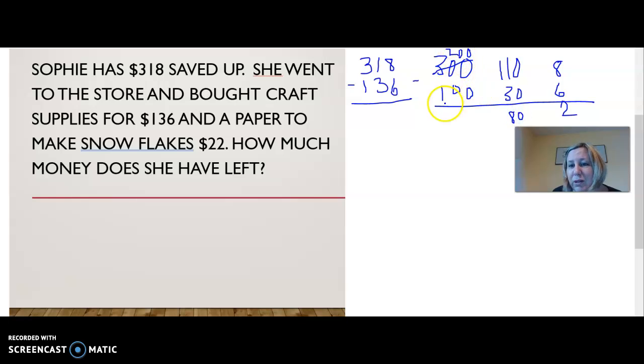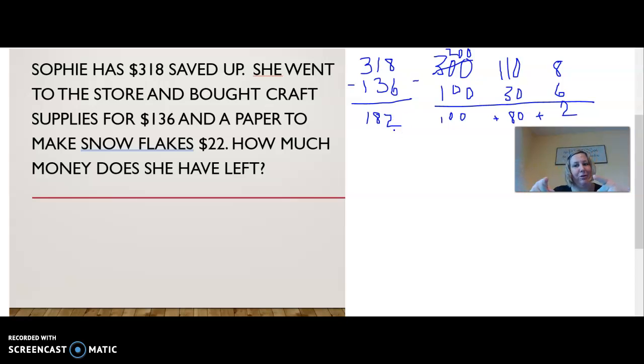Then 200 minus 100 equals, that's right, 100. So I have 100 plus 80 plus 2. That's my expanded form. So when I write it, I put it all together, and I have 182.